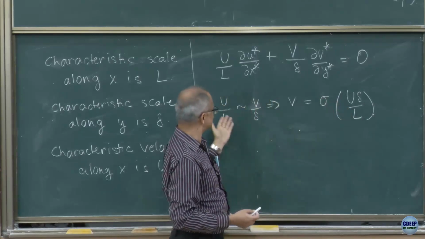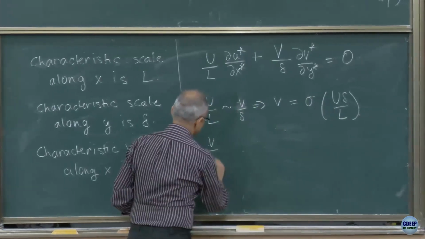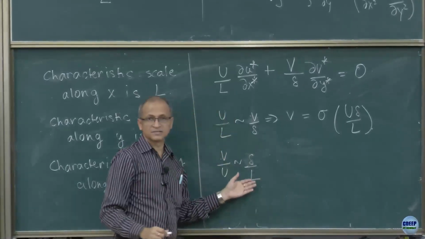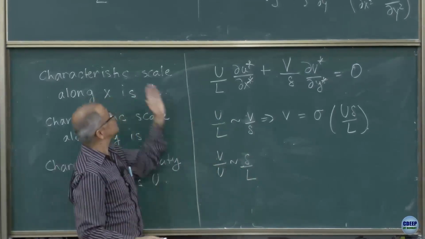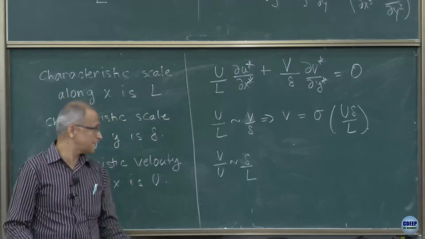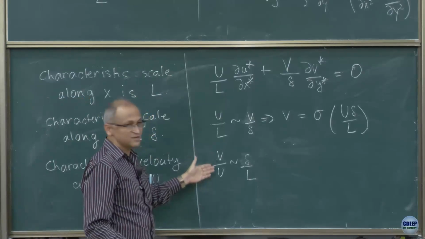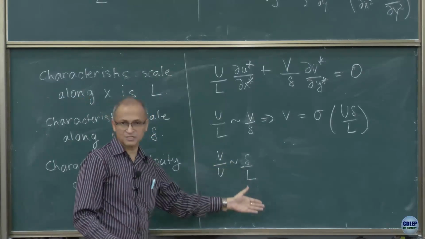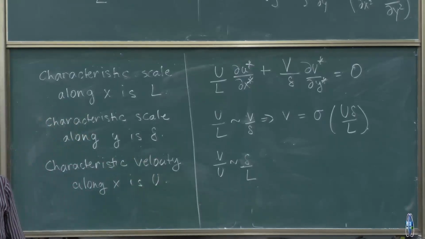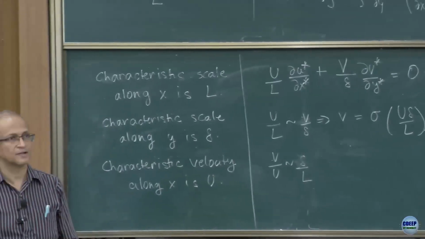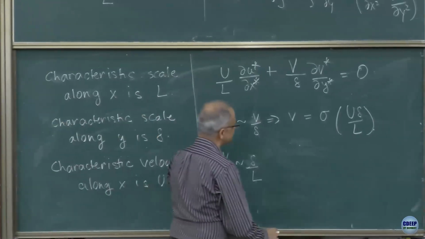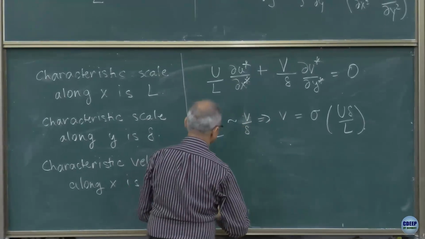It would be like V by U is like delta by L. So if the boundary layer thickness is very small as compared to, of course, the distance from the leading edge of the plate where we are looking, then the magnitude of V as compared to the magnitude of U will be much smaller, of the order of delta by L. Okay, is this point clear first? Yes, no? Okay, so this is what I get.